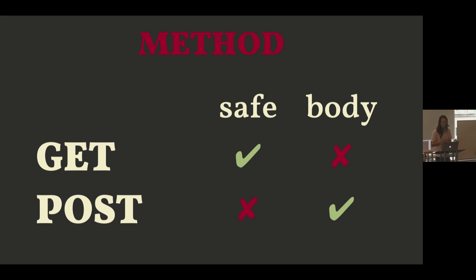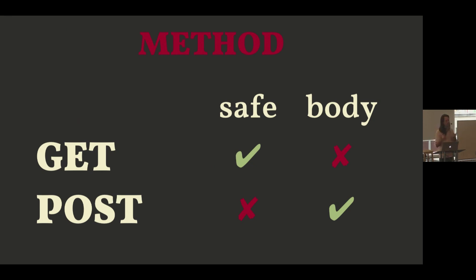So let's say that I have a blog, and my blog lists out all of the blog posts on the front page. And then I make a request to add a new blog post to my blog. Well, the next person that goes to list all those blog posts will see that new post that I just added. So that's a change of state to the server.